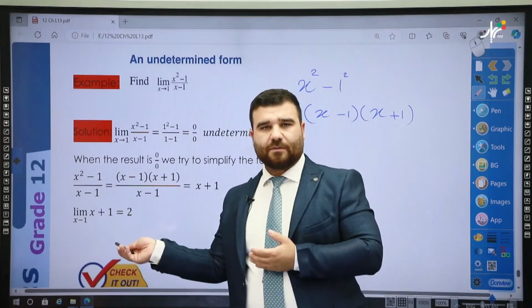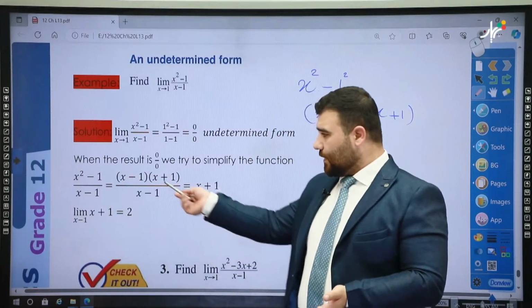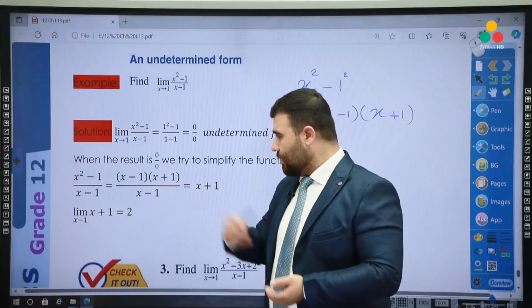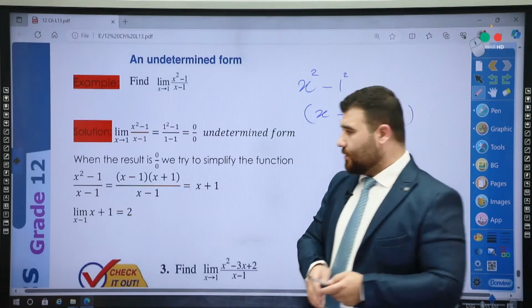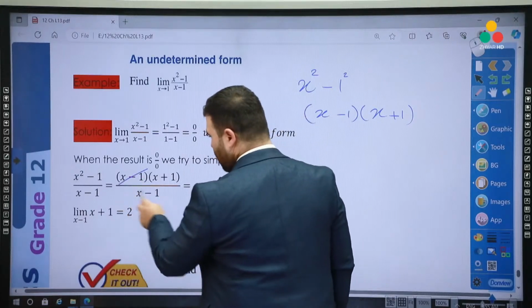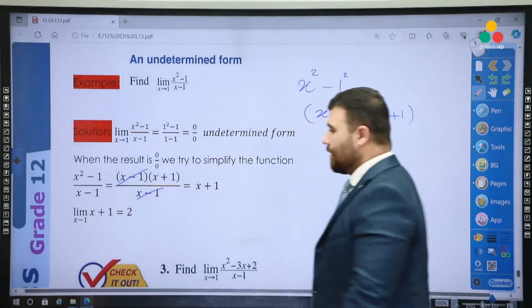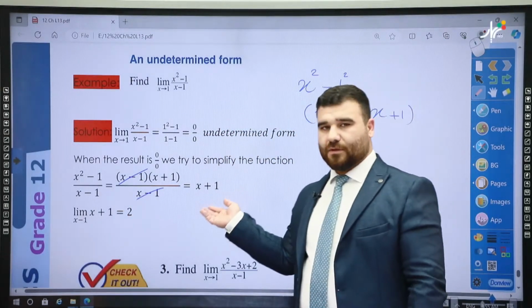Then instead of x squared minus 1, I can write x minus 1, x plus 1. And in the denominator, I already have x minus 1. So x minus 1 cancels out x minus 1. What's remaining is just x plus 1.